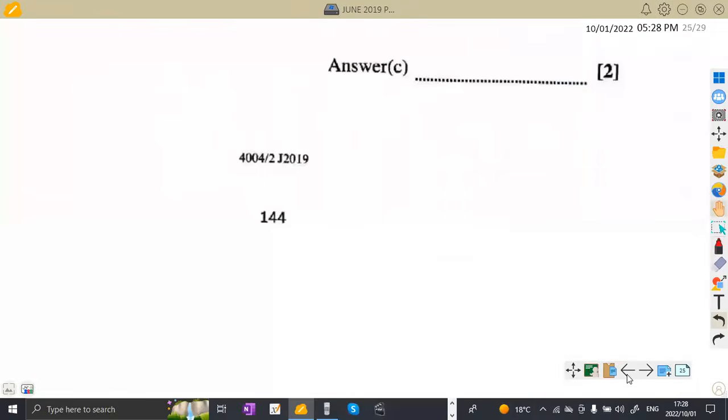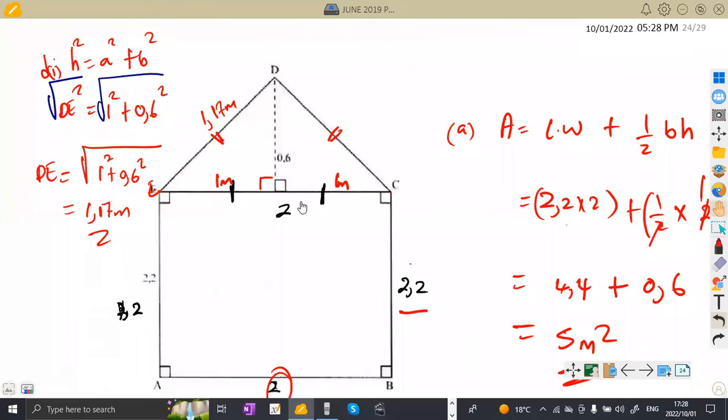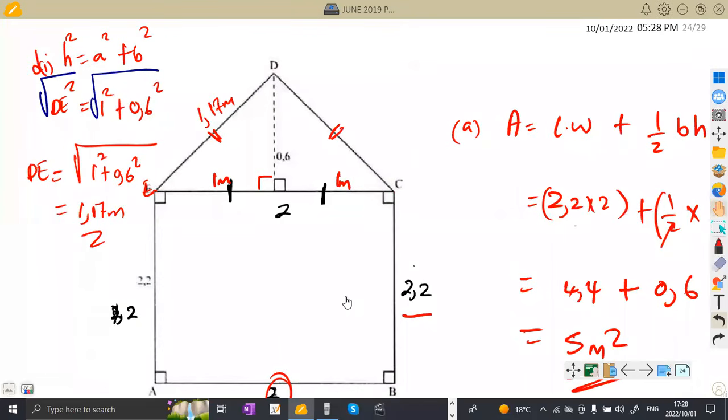Okay, so this is what we're going to have as our sloping roof. Remember here we got this part. This is the roof that we're talking about. So you actually need the area, which is the sloping part, something like this. Here we've got 1.17.